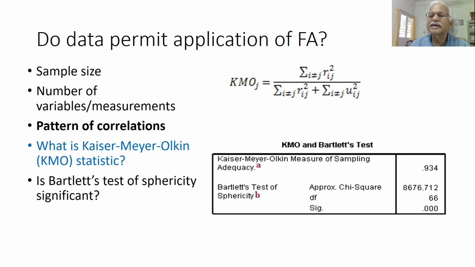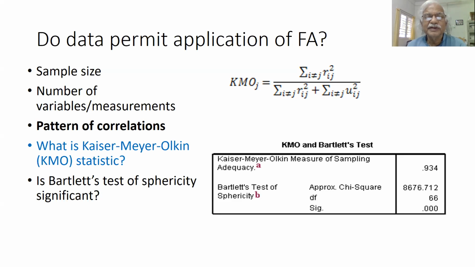Here R refers to correlation coefficient. So Rij is the correlation coefficient between two variables, xi and xj. And Uij is the partial correlation between xi and xj when effects of other variables have been removed.